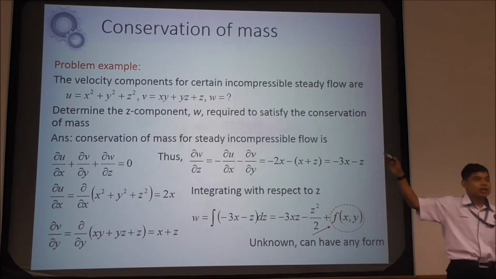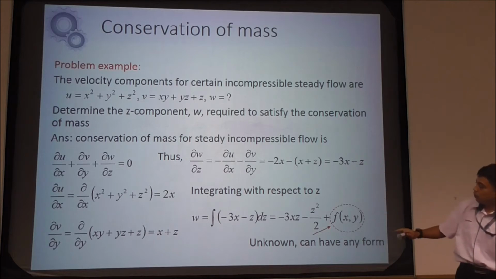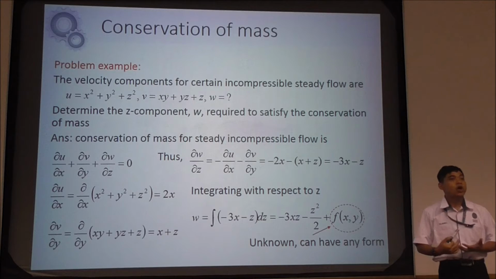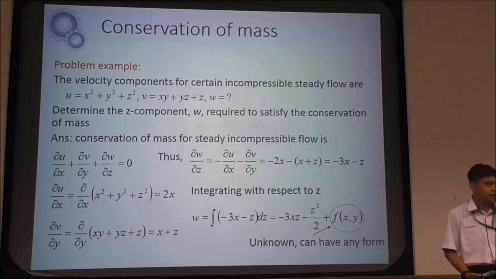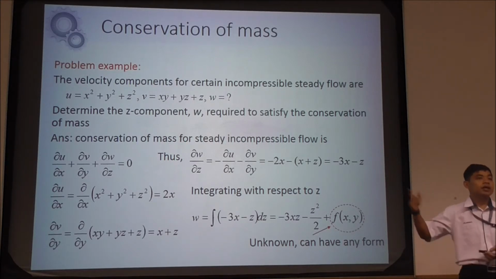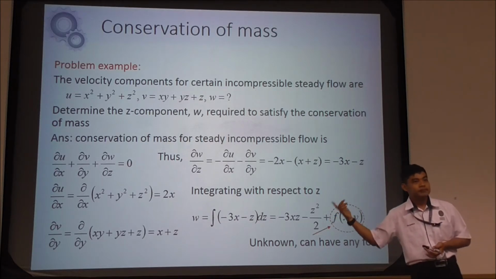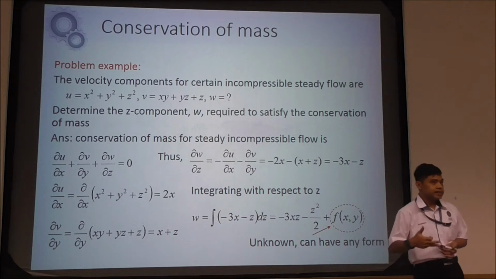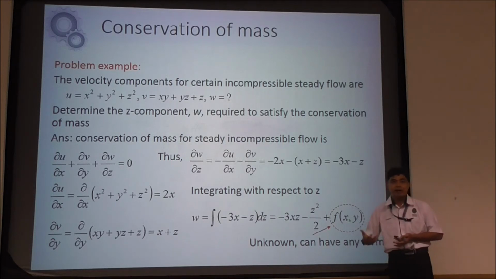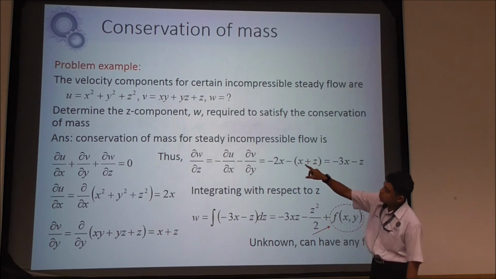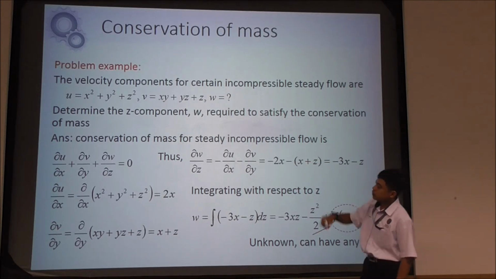If you are given the flow, you can evaluate whether the flow is compressible or incompressible by using the conservation of mass for incompressible fluid. Because you know du dx plus dv dy plus dw dz has to be equal to 0 when you have incompressible fluid.